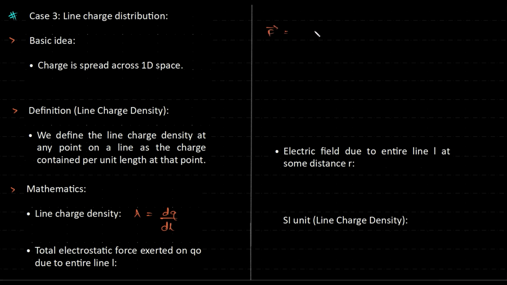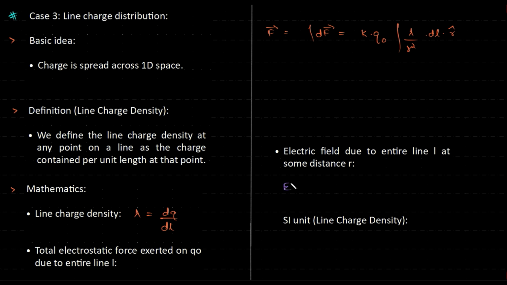And here dF is equal to K Q naught integration of lambda dl by r square r cap, right?